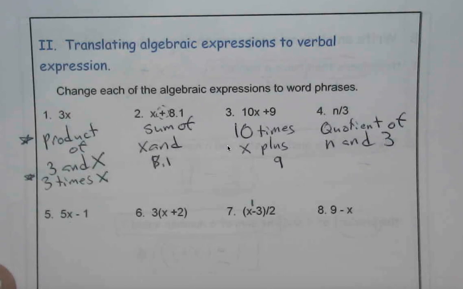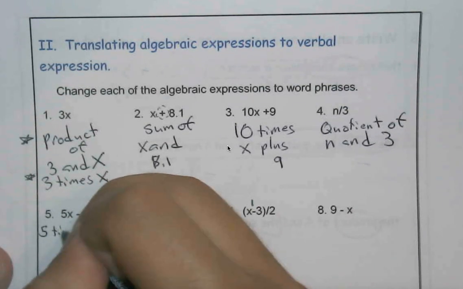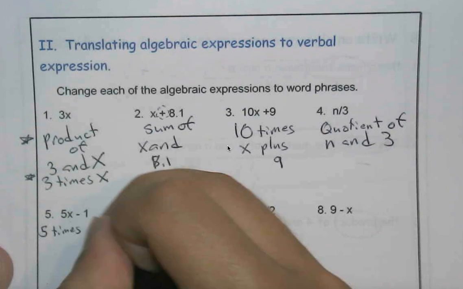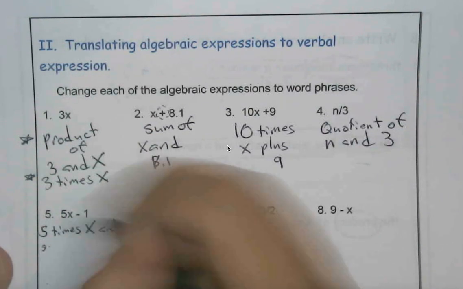And again, for a lot of these, there are different ways you can denote what's going on. For this one, you could say it's 5 times x, and subtracting 1.